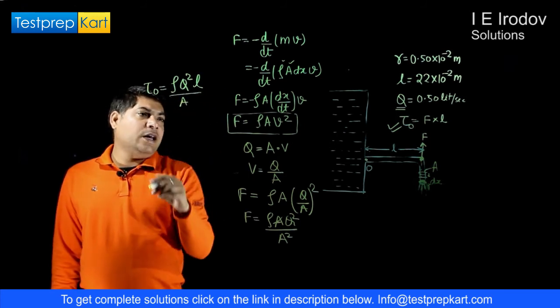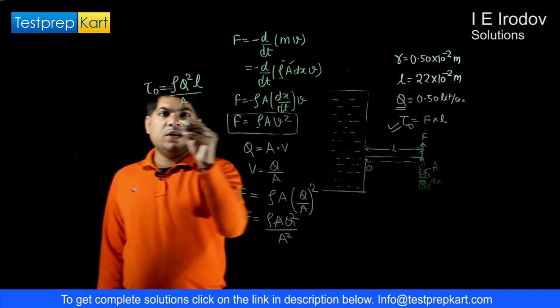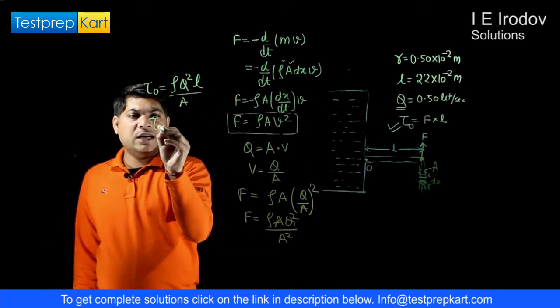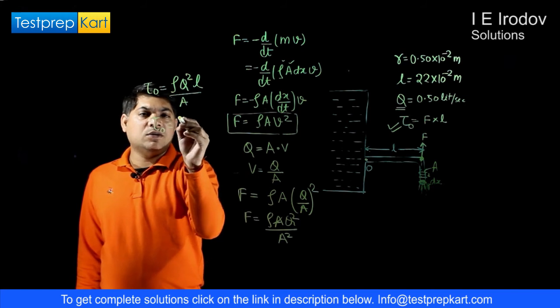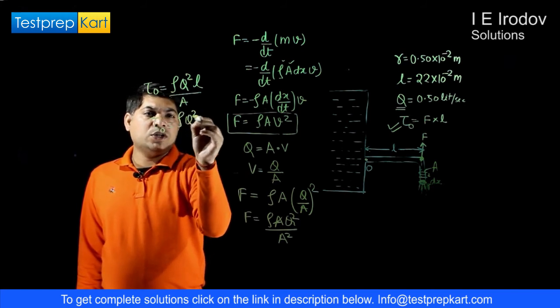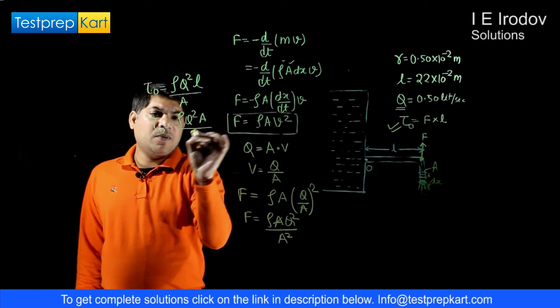The area is not known but the radius is given. So we can write that T naught is equal to rho Q squared L upon pi R squared.